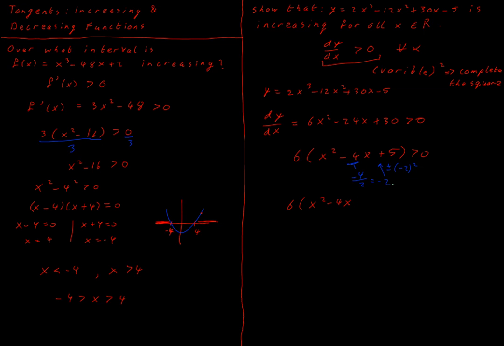This rule, by the way, comes directly from the method that we use for squaring out a bracket. If we start with a perfect square, a bracket that's going to be squared, we square the first, multiply the first by the second and double it, and then square the second. Well, halving the middle number and then squaring it gives the number on the end. So it's the same rule as squaring out a bracket, just put in reverse.